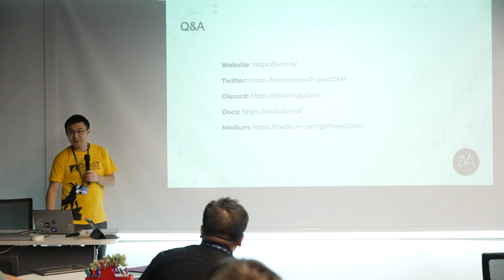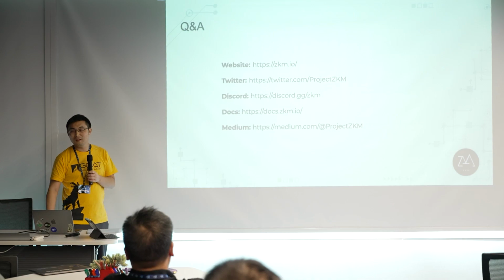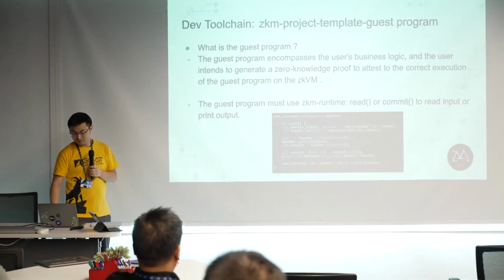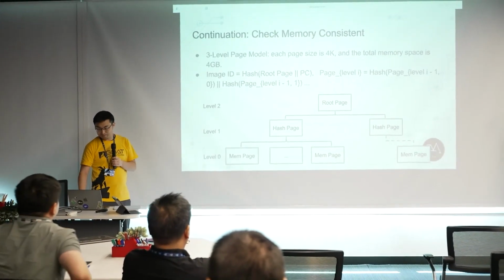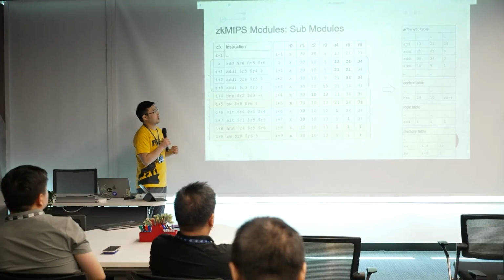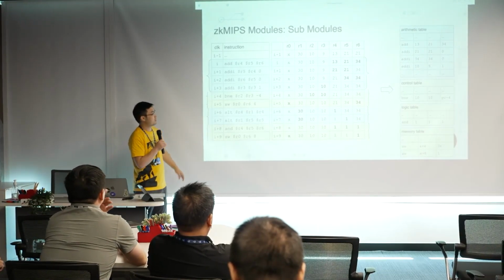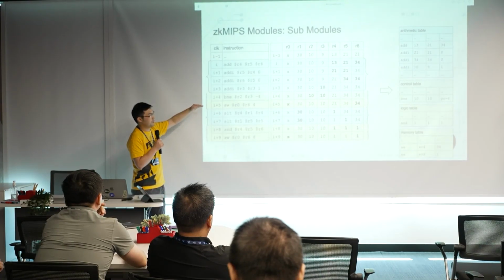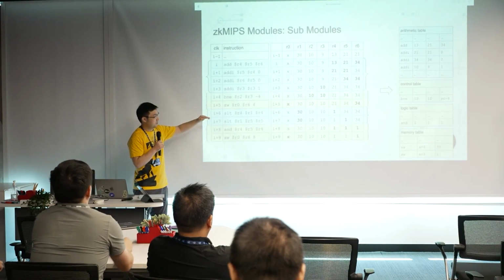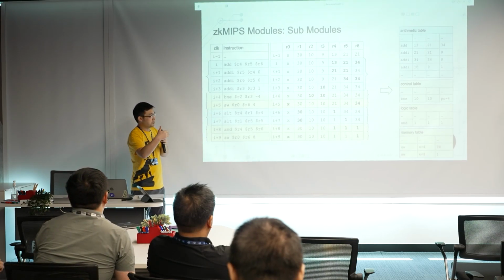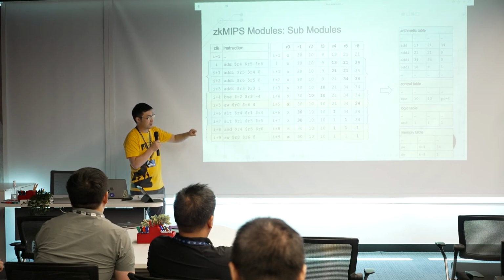I have a question. Can you elaborate more about the lookup table? Which two tables are you comparing? Yes, so when we decompose the big table into small tables, basically we still have a table to keep track of all the instructions we are executing, but the constraints checking has moved to the small table.